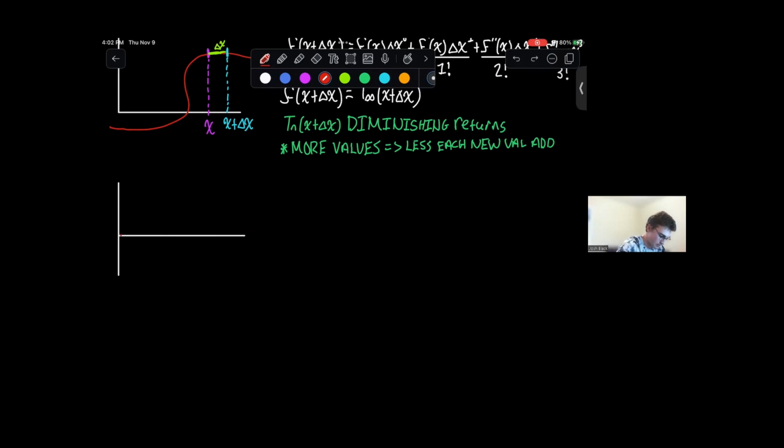If this is x, and that there is x plus delta x, and I fit a first order polynomial, what is that?